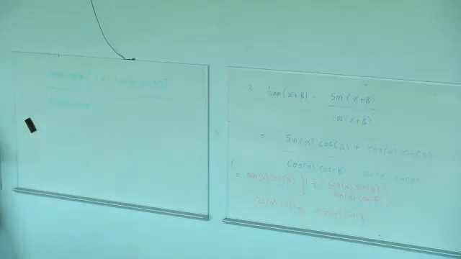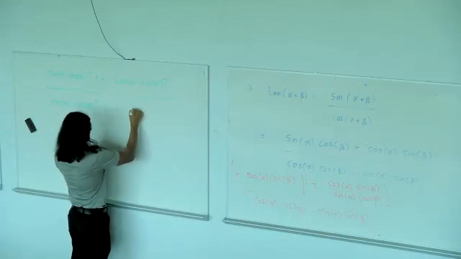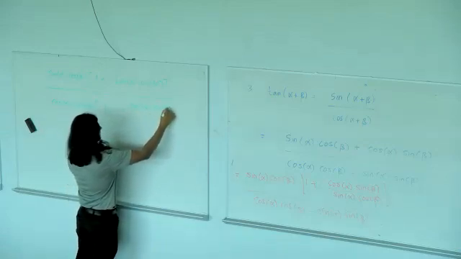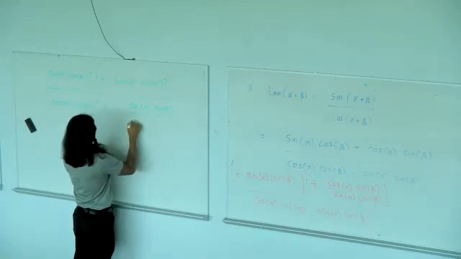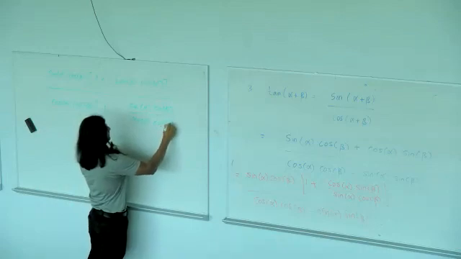The second term doesn't have cosine alpha cosine beta, so I would have sine alpha sine beta divided by cosine alpha cosine beta.